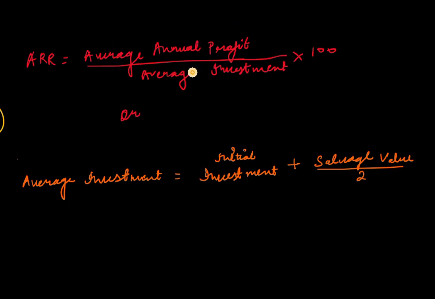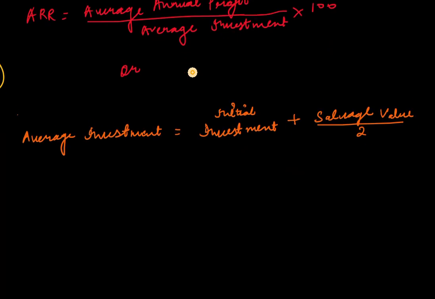If profits are different each year, we first add them, and after that we divide them by the total number of years. And the average investment represents the average amount of capital invested in a project during its life. Now, in most universities, this particular formula is used to calculate the average investment. We are going to follow this formula only.